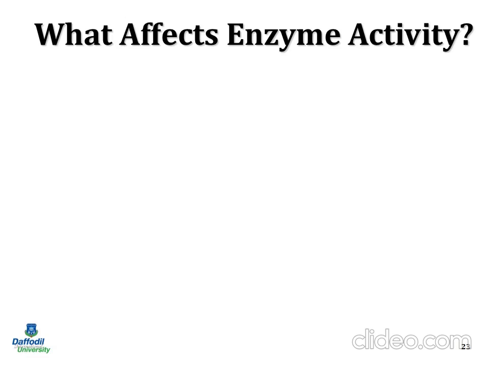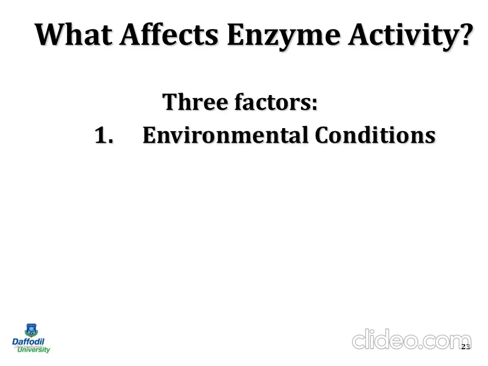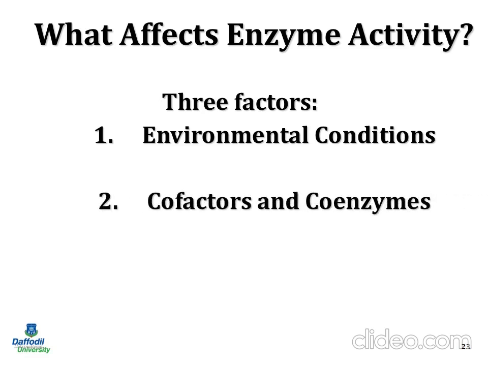Now, how is enzyme activity regulated and what has the ability to affect it? Basically there are three factors. One is our environment, meaning in which environment the enzyme is working, whether it is an organic environment or a normal environment, or in vitro and in vivo.